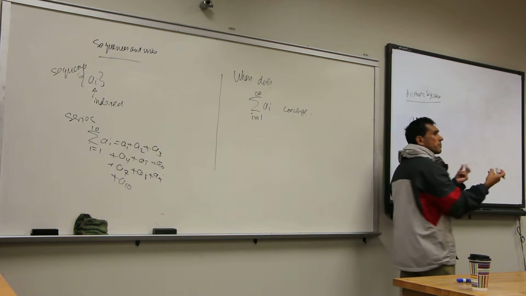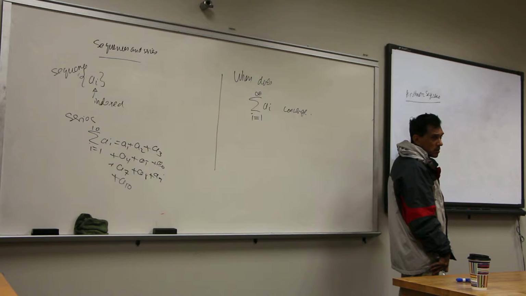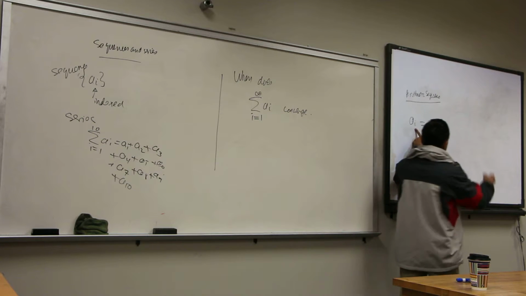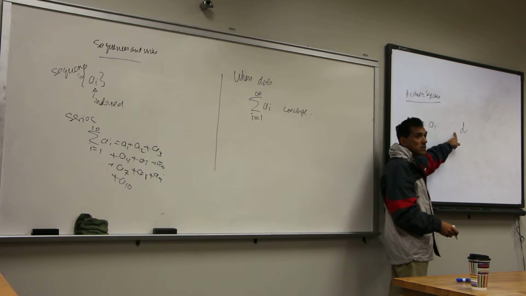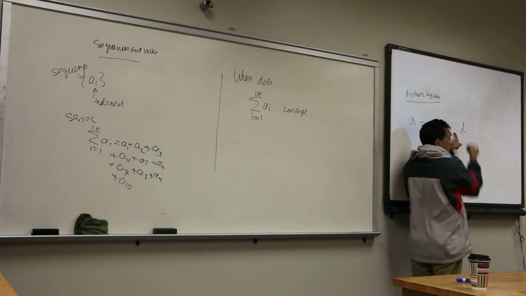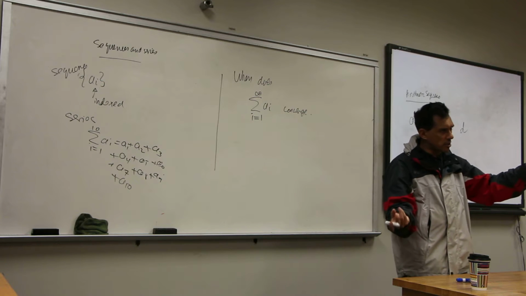And then you add some number of common differences depending on what this is. So you'll add some common difference. How many common differences? i minus 1.